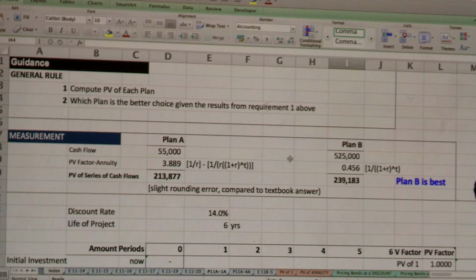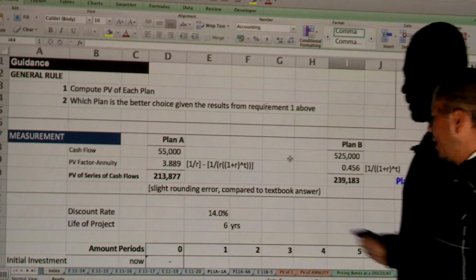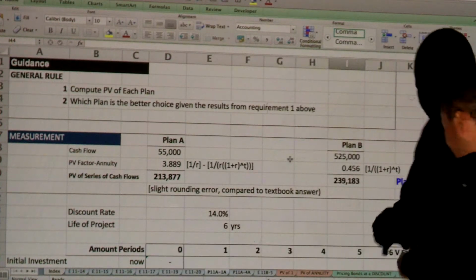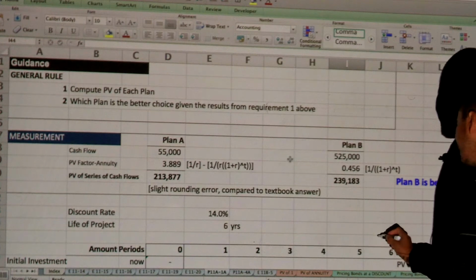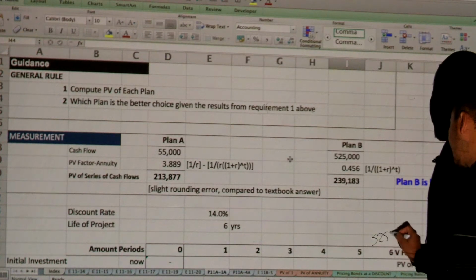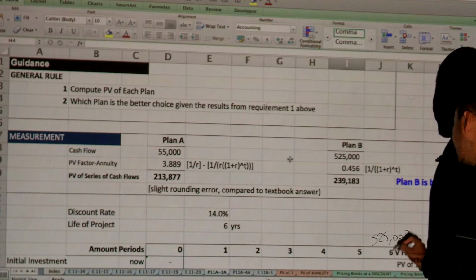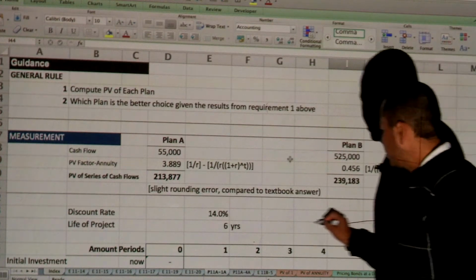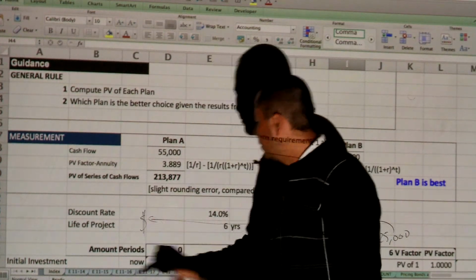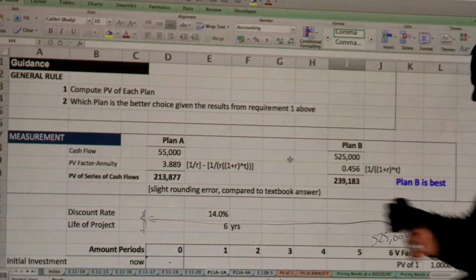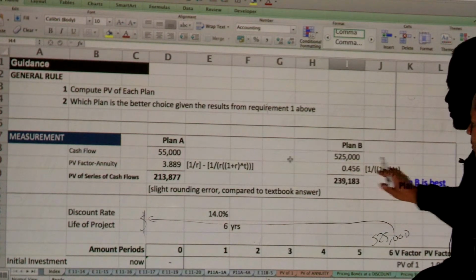What is the value in present value terms right here? You're going to have to figure, at least conceptually think about it. You're going to be getting $525,000 here at the end of year 6. But what is the actual value of that amount right there? So you have to do that present value calculation, and you can do it this way.